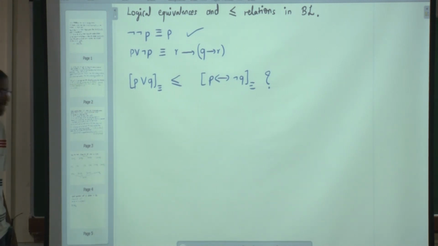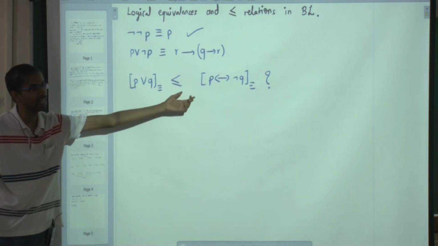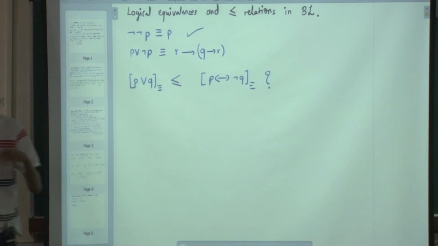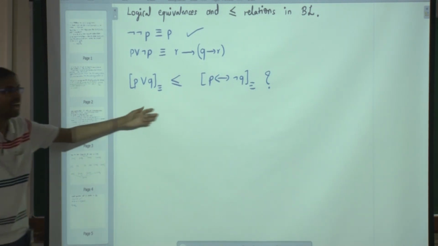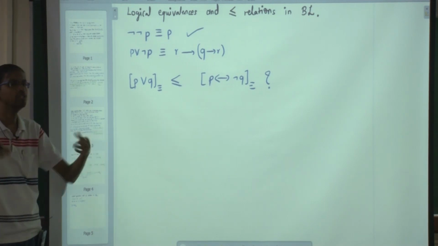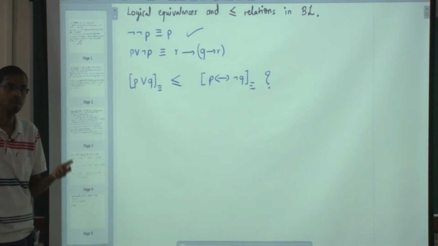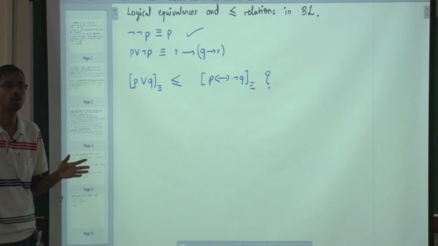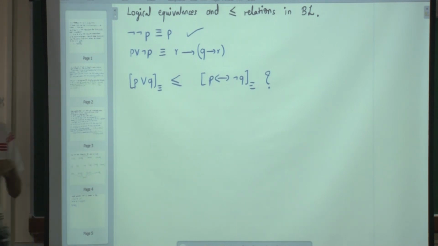You take this formula, then you take implies the other formula and then you try to show that it is a tautology. If it is a tautology, then this less equal happens. And if it is not true, then the less equal relation does not hold. However, is there a quicker way of doing this?